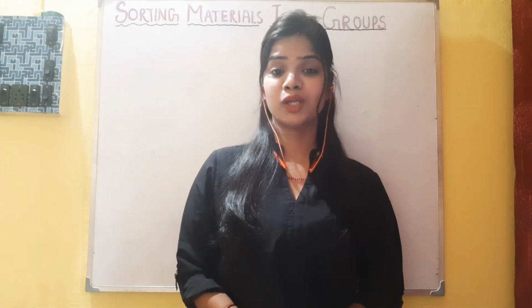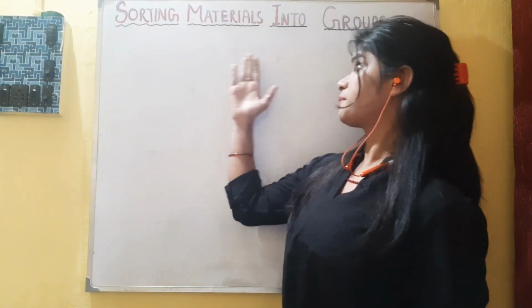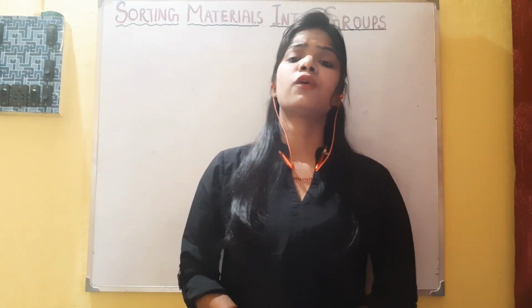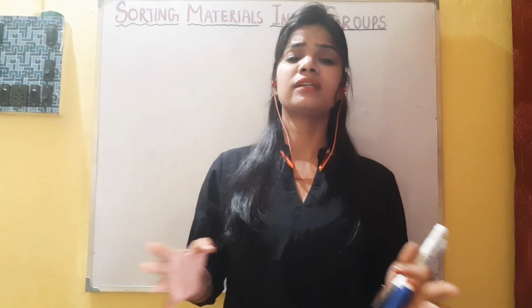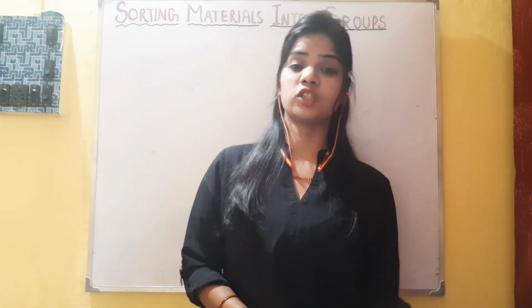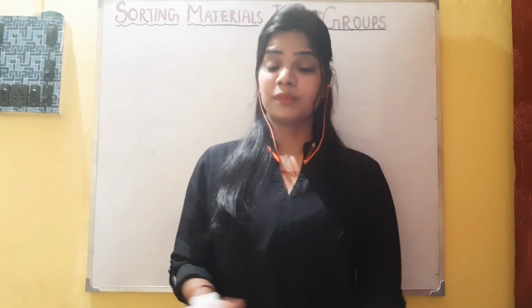Today we're going to start a new chapter of Class Science, NCERT's fourth chapter, that is Sorting Materials into Groups. Now what does it mean by sorting materials? We see different types of things or materials surrounding us, like table, chair, bicycle, book, pen, pencil, cloth, utensils, so many toys.